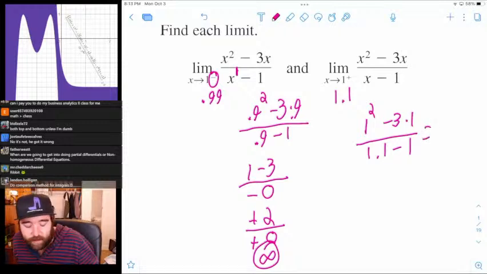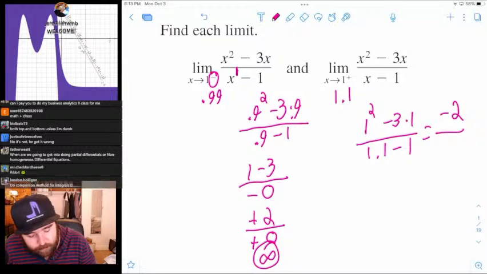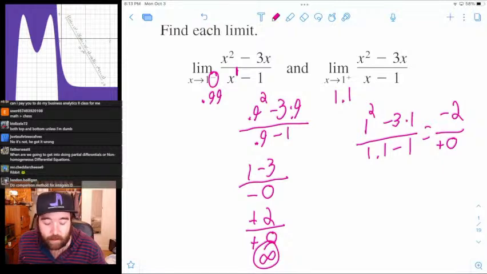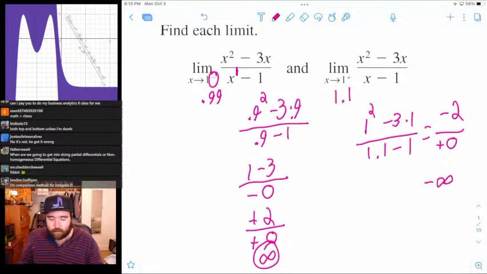So we have negative 2 on the top, and on the bottom it's basically 0, but positive this time, a positive really small number. So negative 2 divided by a positive really small number is negative infinity.